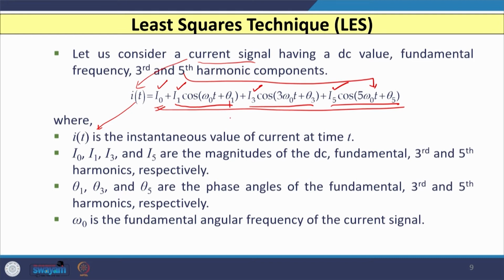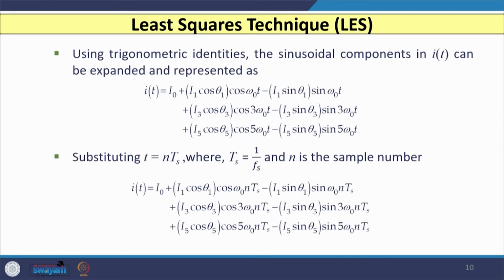If I consider theta 1, theta 3 and theta 5, then these are the phase angles of fundamental, third and fifth harmonics respectively, and omega 0 is nothing but the fundamental angular frequency of the current signal i(t), for which we are going to acquire the samples. Now, if I use the trigonometric identities, then we know that the equation of cos of alpha plus beta is given by cos alpha cos beta minus sin alpha sin beta.